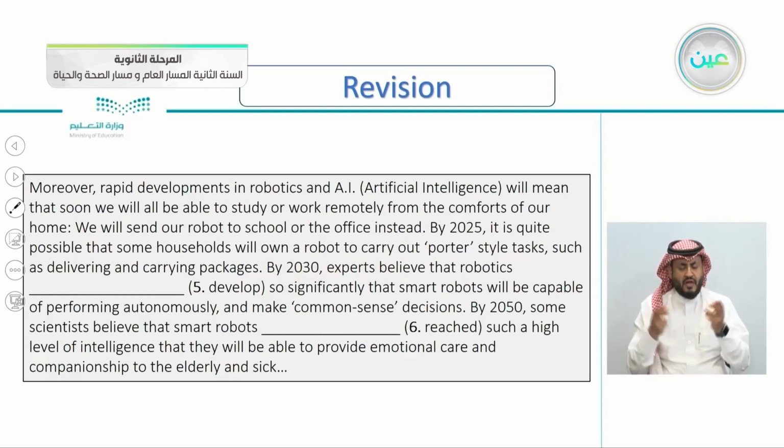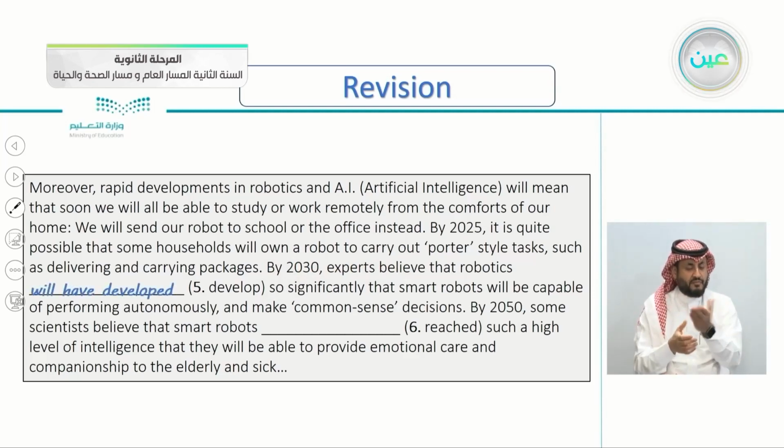So we're talking about two events here, two things. Yes, so we use the future perfect because we have two events here. By 2030, this is the first one. The second one, experts believe that robotics will have developed so significantly that smart robots will be capable of performing autonomously and make common sense decisions.